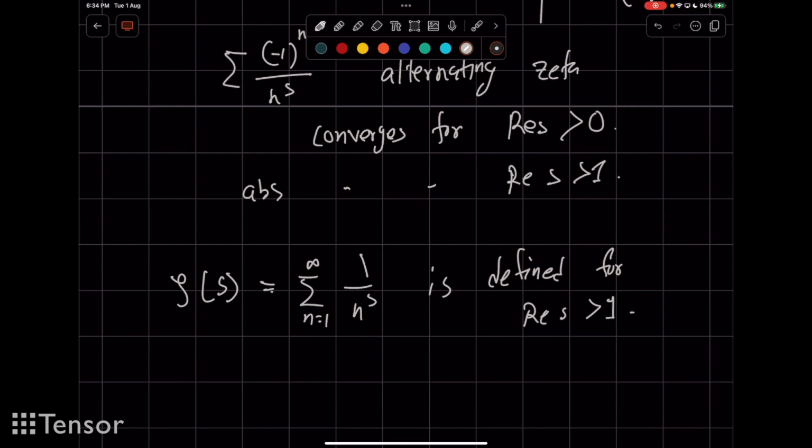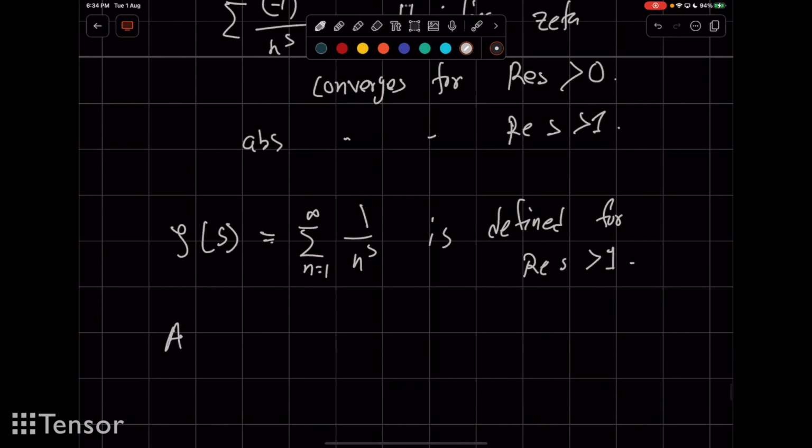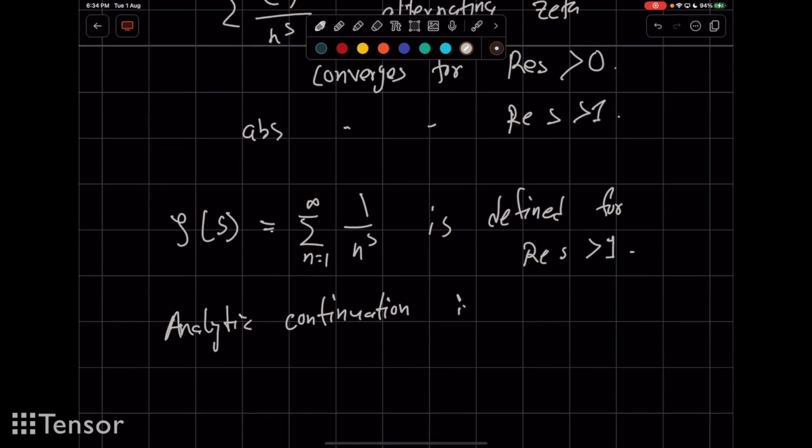And it has an analytic continuation. Is that continuation everywhere on the complex plane? Actually, it's not; without one. So it has an analytic continuation to the complex plane except one.